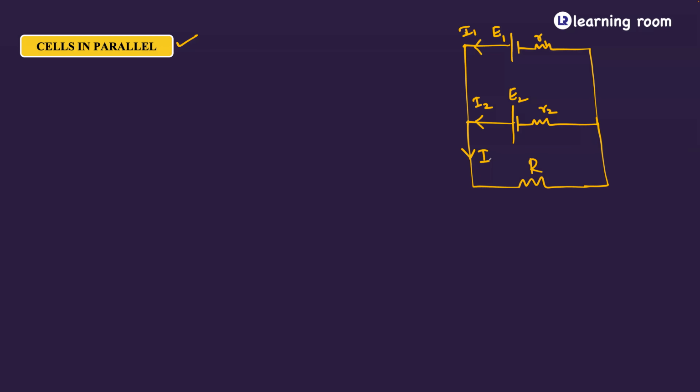You're able to understand that the current gets divided. So what is happening in the parallel connection? Voltage wise it is same, current wise they get split and then added to give you the final value.